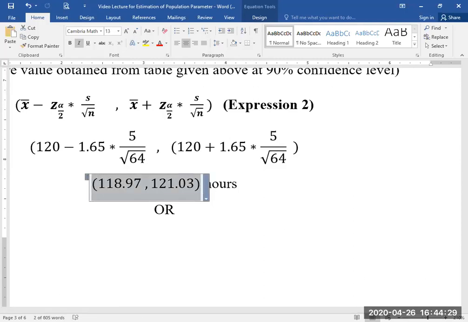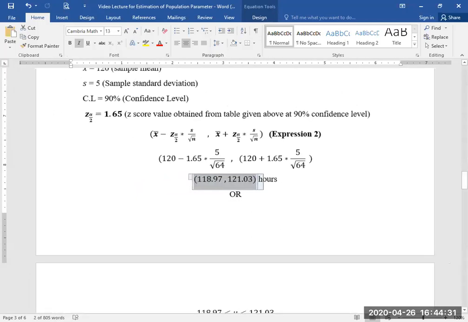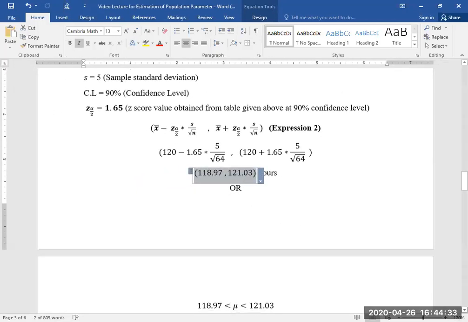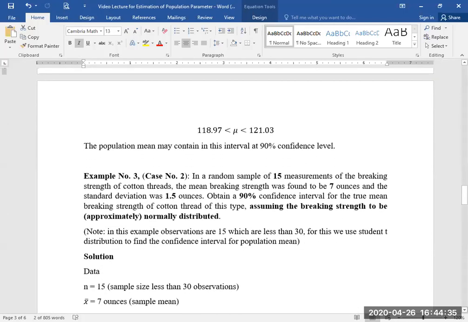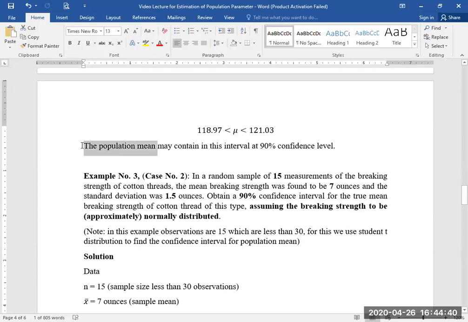The other notations are the same as in the previous example. Interpreting the result, the population mean may lie in this interval at the 90% confidence level.